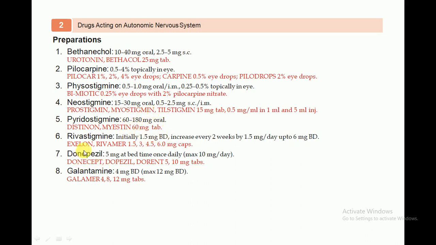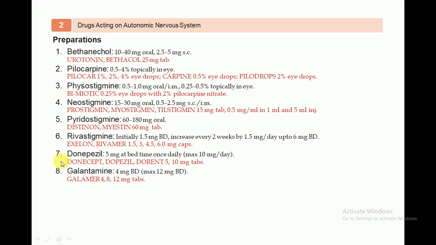The sixth one is rivastigmine, another agent used for treatment. Initially rivastigmine can be given at a dose of 1.5 milligram BD, twice a day, and then increased every 2 weeks by 1.5 milligram per day up to 6 milligram BD. It is also available in capsule form, as Exelon and Rivamer, in 1.5, 3, 4.5 and 6.0 milligram capsules.